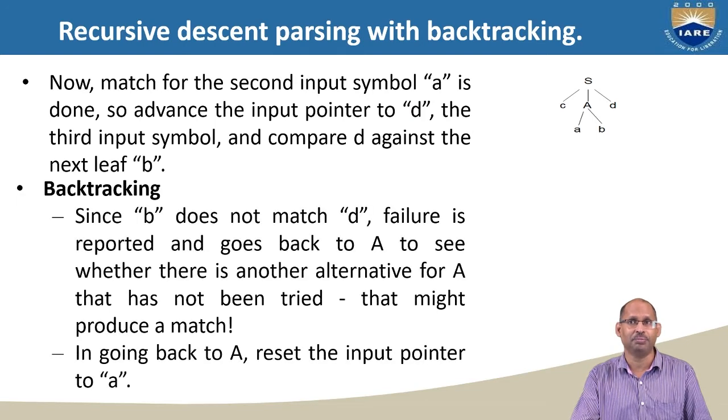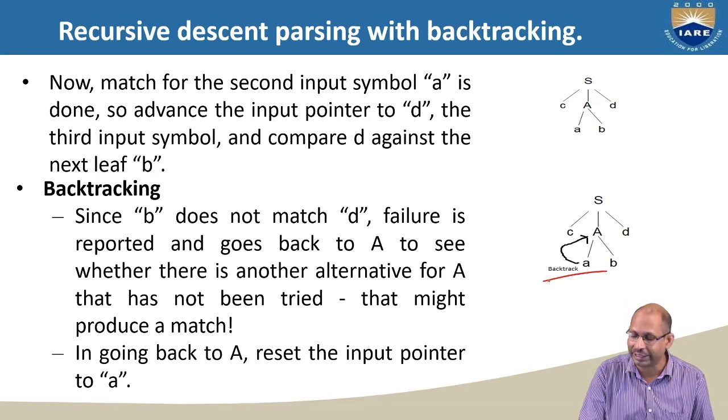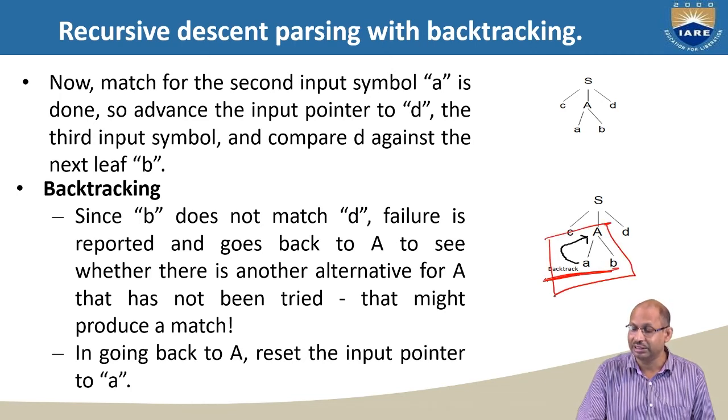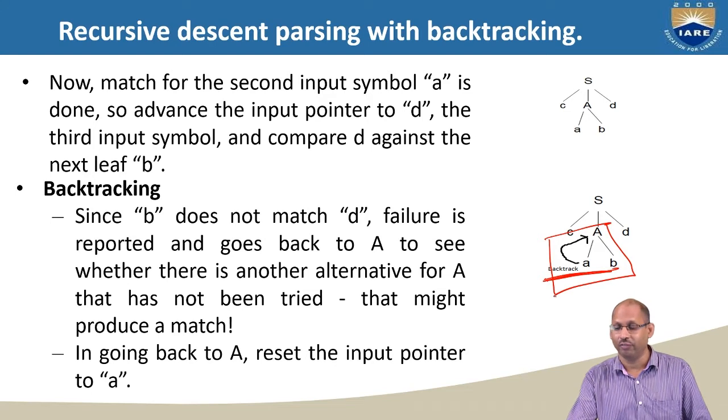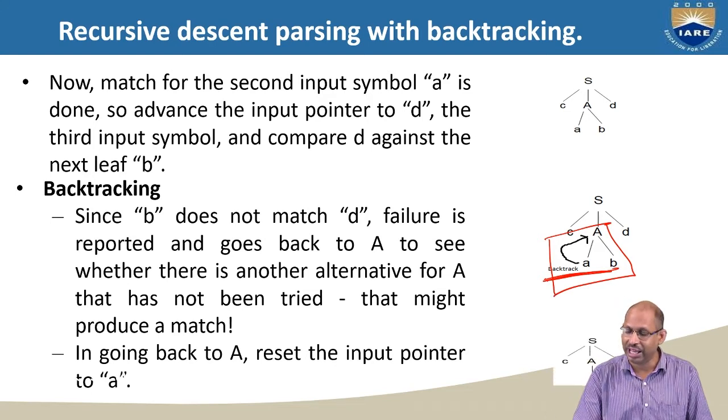Here there is a mismatch. Here, due to the mismatch, we perform the backtracking, right? We select the second production. We select the alternative production in the expansion of the variable, resulting in CAD, our input.